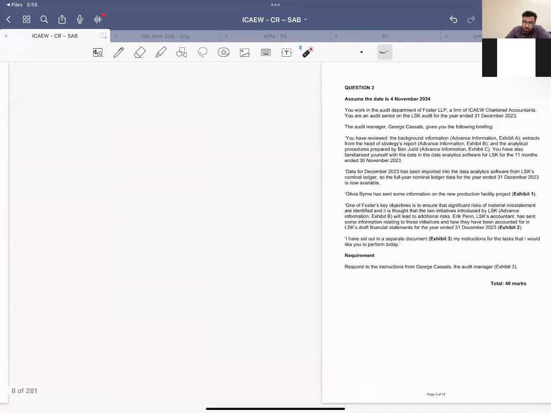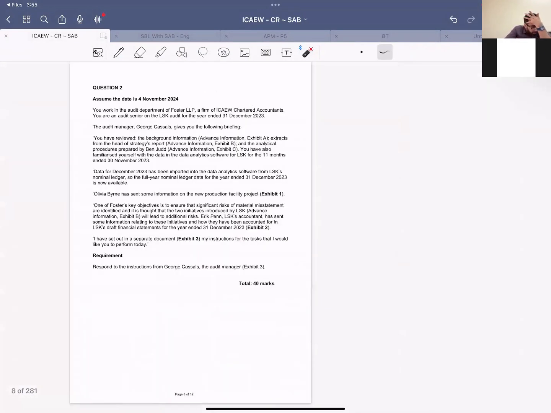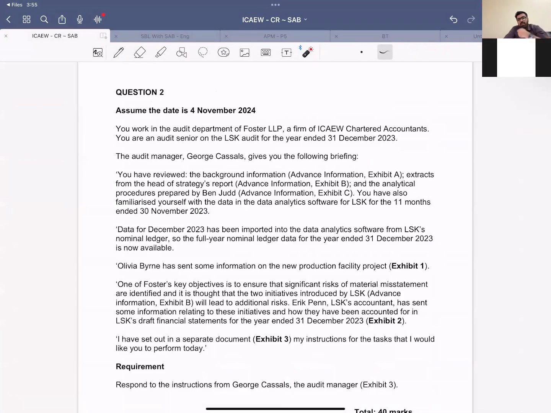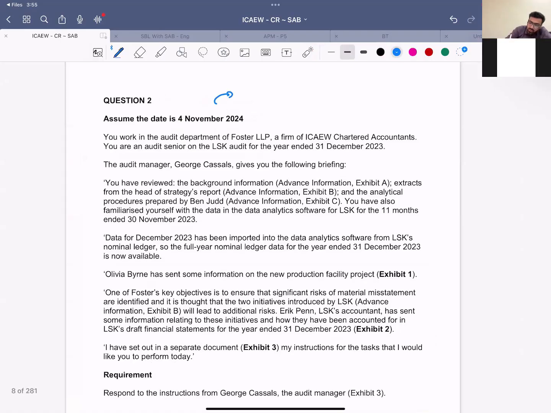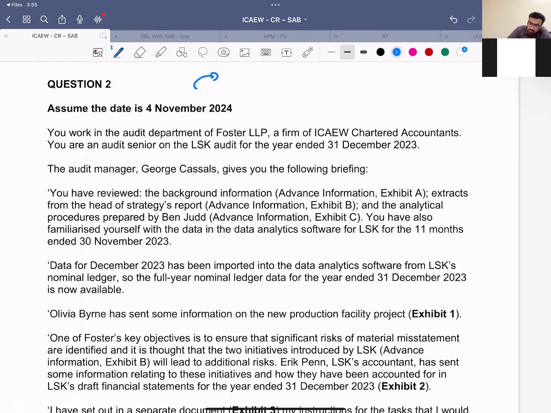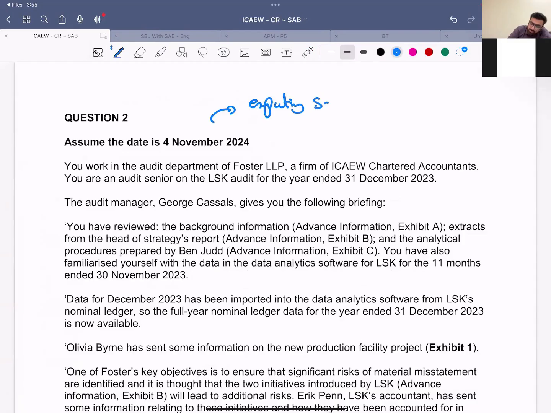Here we'll try to do both of the questions today, but if God forbid it isn't possible, we'll conduct more classes. Now, question two, assume the date is 4 November 24, and you should be expecting the same for your exam as well, because it's one of the recent papers.